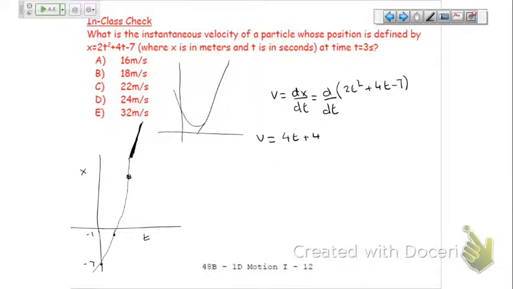And I want to know what this is at t equals 3. So v at t equals 3 is 4 times 3 plus 4, which equals 12 plus 4. v at t equals 3 is equal to plus 16 meters per second. Is that right? Did I do that right? Good. Okay.